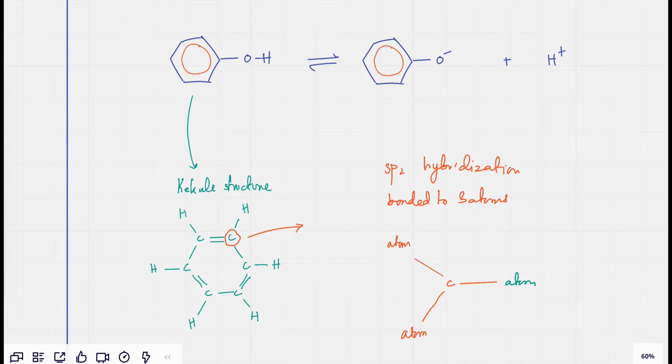It's a fan-shaped arrangement. So it's making 3 bonds. You can see over here that this carbon atom is bonded to 3 atoms. So 3 electrons get pulled in different directions. Now the 4th electron, remember, carbon is in group 4. It has a 4th valence electron. The 4th electron is still in its orbital. No one is attracting or pulling that 4th electron. So that's your unchanged p orbital, which has the 4th electron.